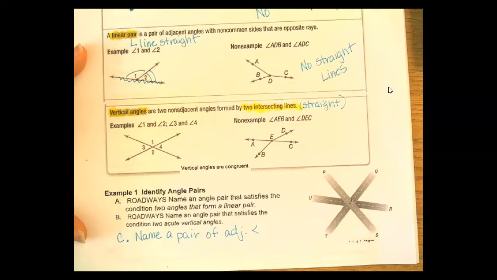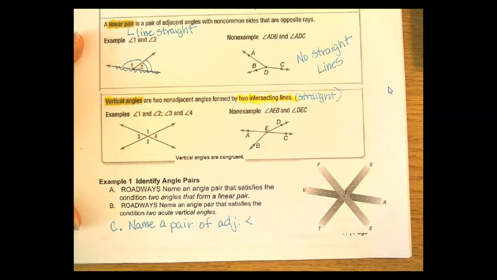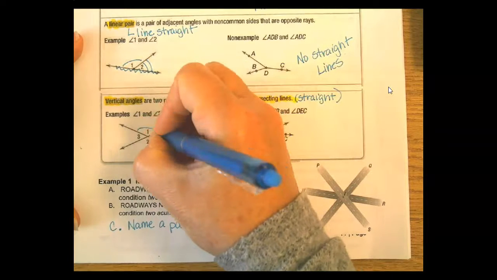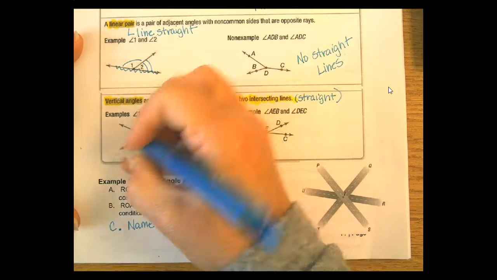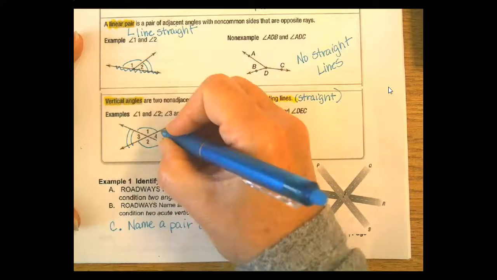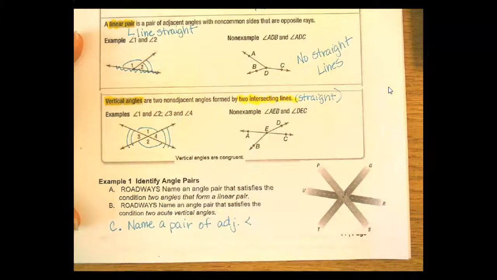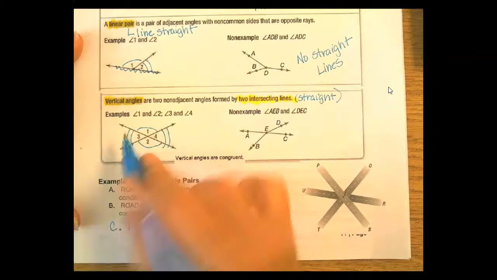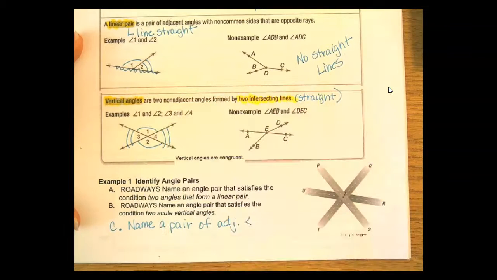I need a special word that means straight, so you don't have to write all that. Okay, so angles 1 and 2 are considered vertical. So this goes with this, and then this one goes with this one. And we'll learn that these two are equal or congruent, and these two are congruent with each other.